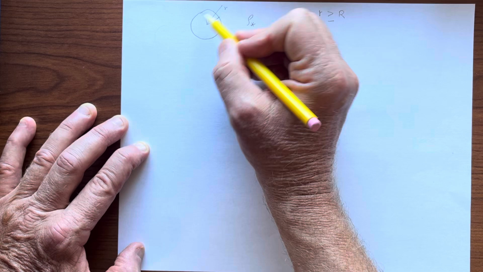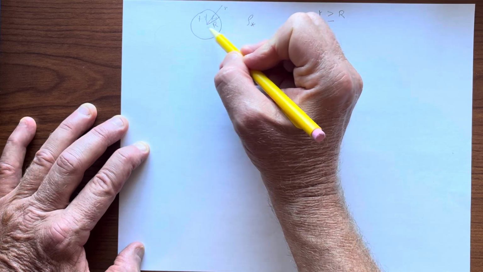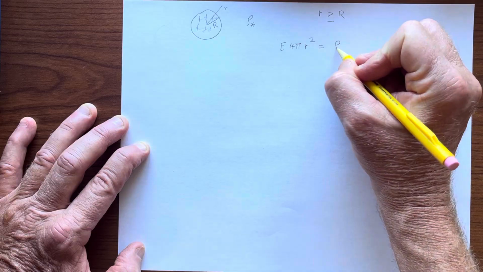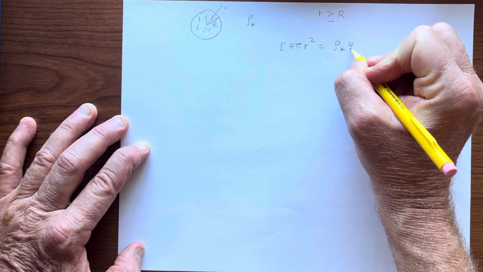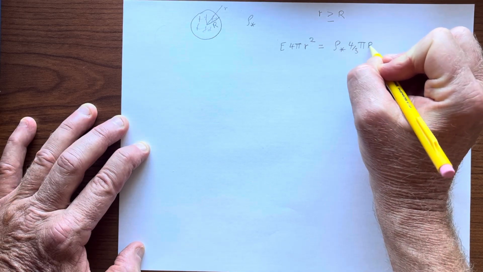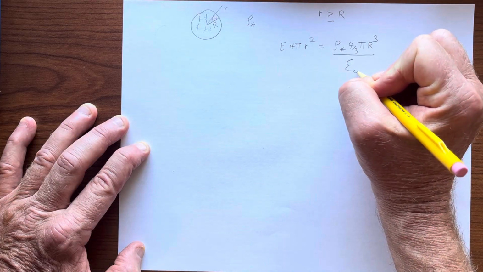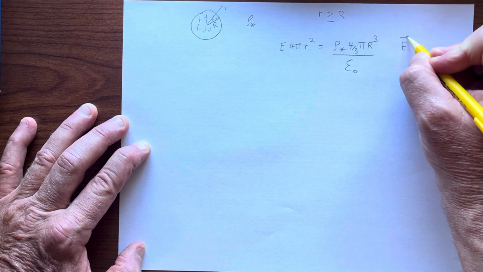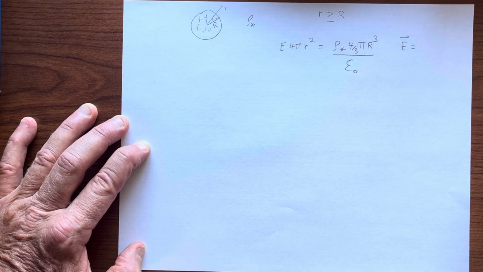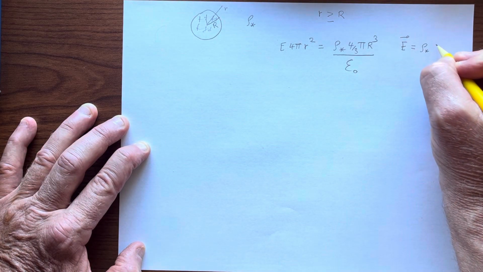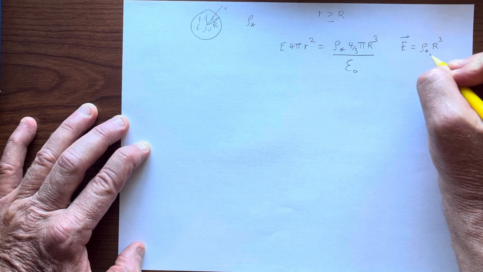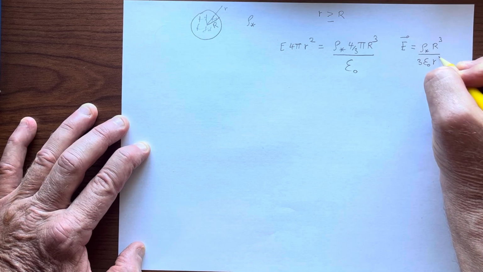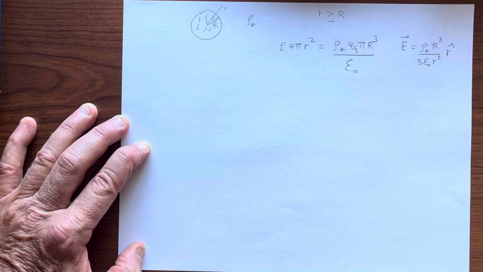And all the charge, of course, would be inside of these spheres, and that would be rho star times the volume. So it's 4/3 pi capital R cubed, and we divide that by epsilon naught, and that gets us the electric field outside the sphere as rho star R cubed over 3 epsilon naught r squared, and we have an r hat.